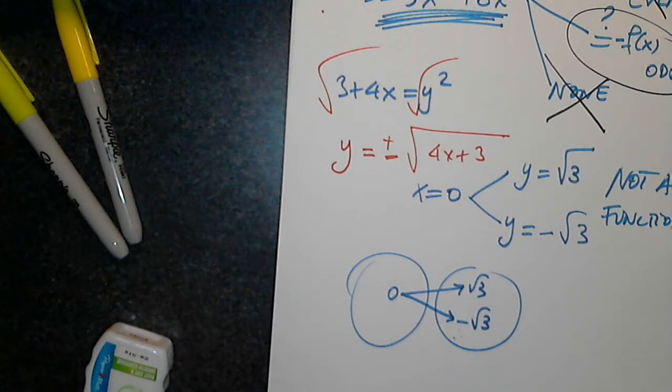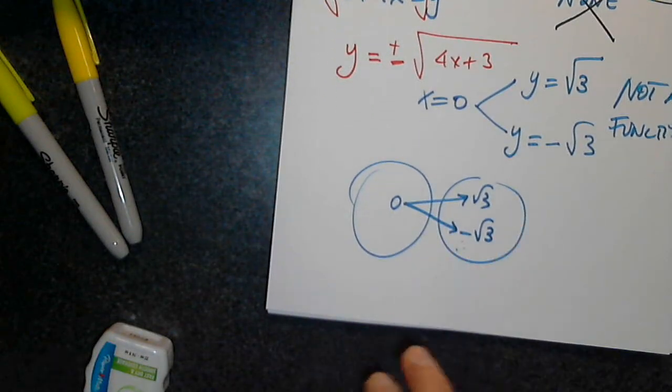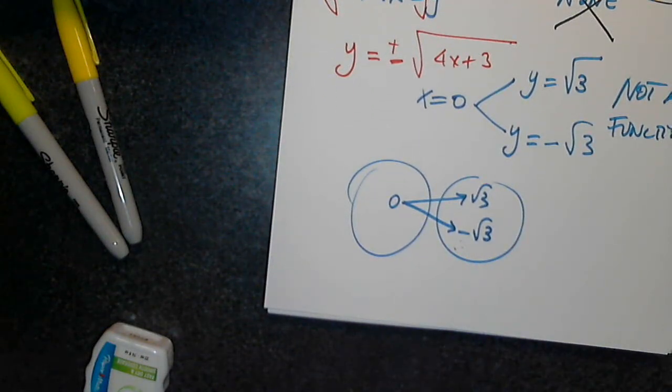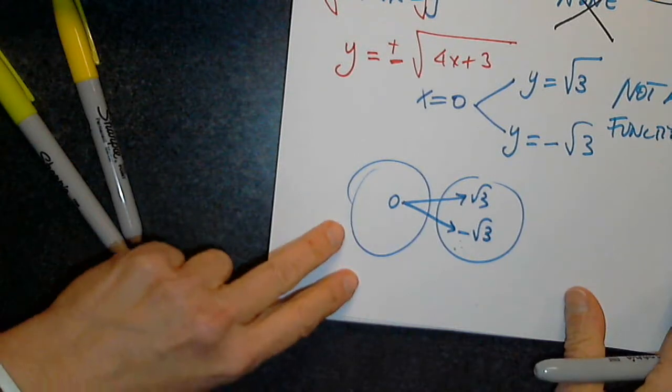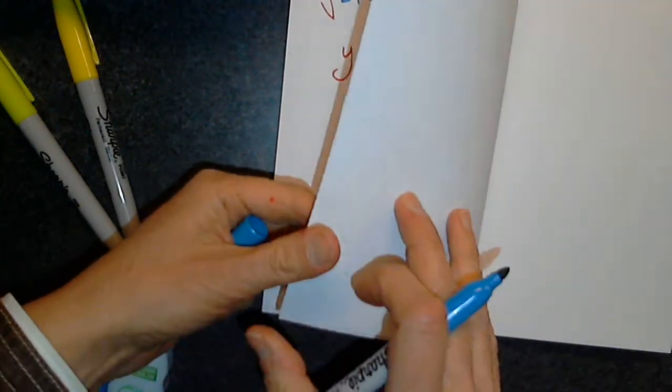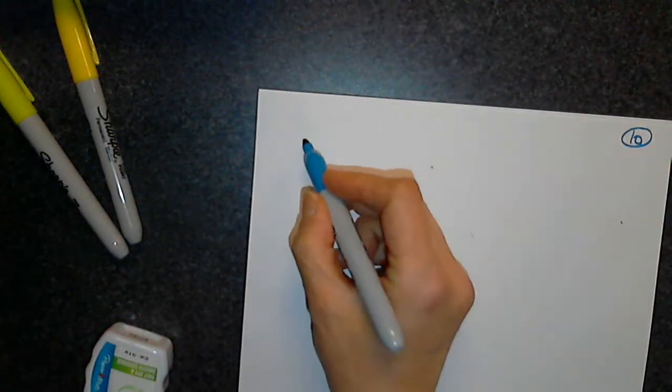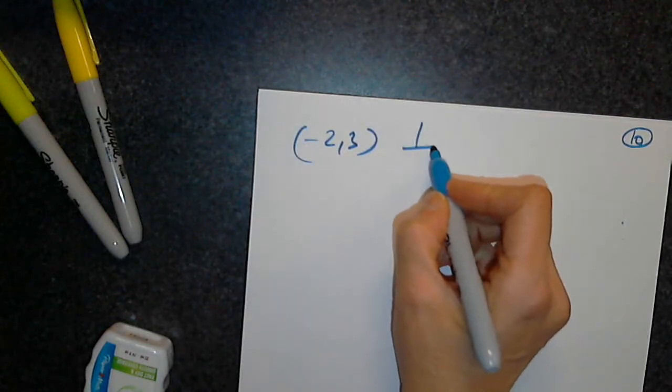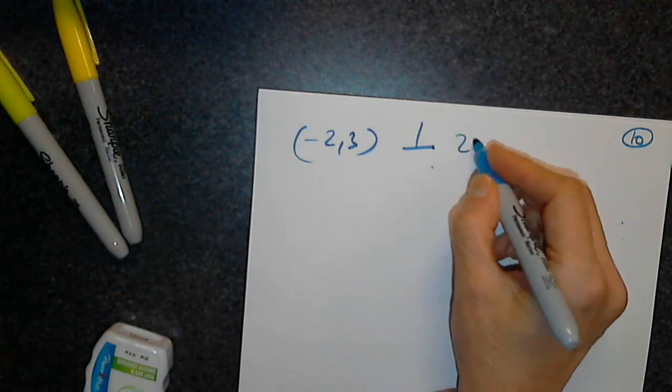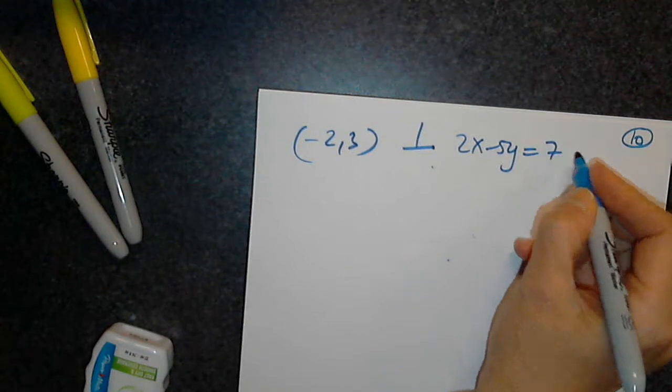Number 3 from this one. Okay, so let's look at number 3. What is the question here? Find the equation of a line passing through negative 2, 3 and perpendicular to the line 2x minus 5y equals 7.